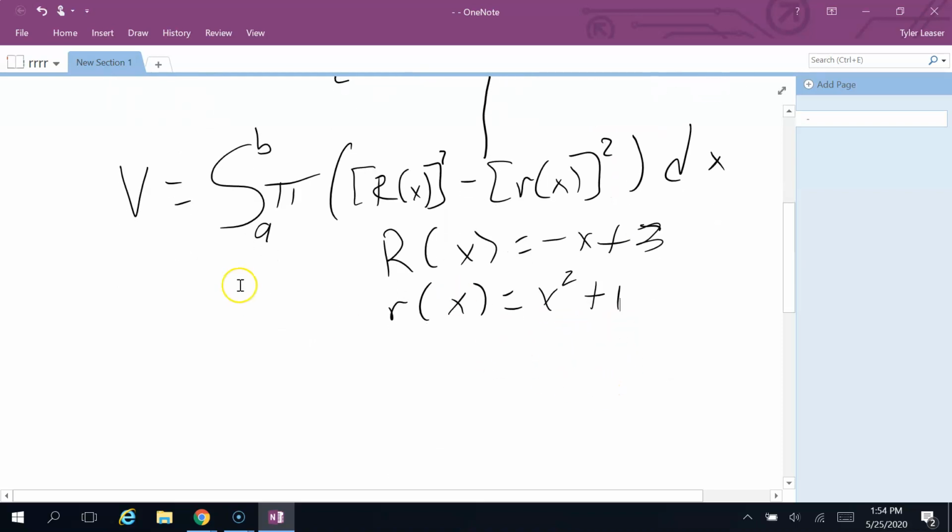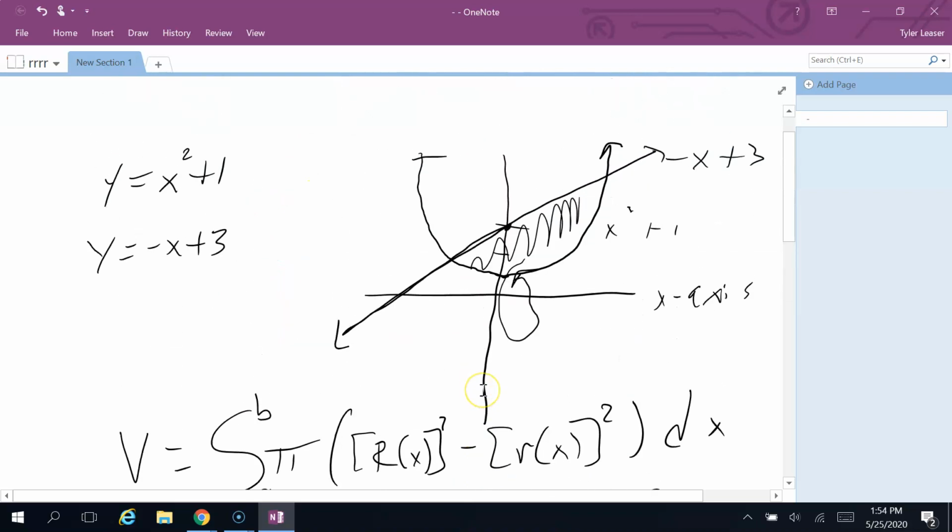Other than that, we have to figure out the limits. That means that we need to figure out what these two intersection points are. So this intersection point here and then this intersection point here. A couple of different ways you could do this. You could just use your calculator and graph these two things, then find the intersection points. You could set these two things equal to each other and figure out what they have to be, or you can just guess and check.